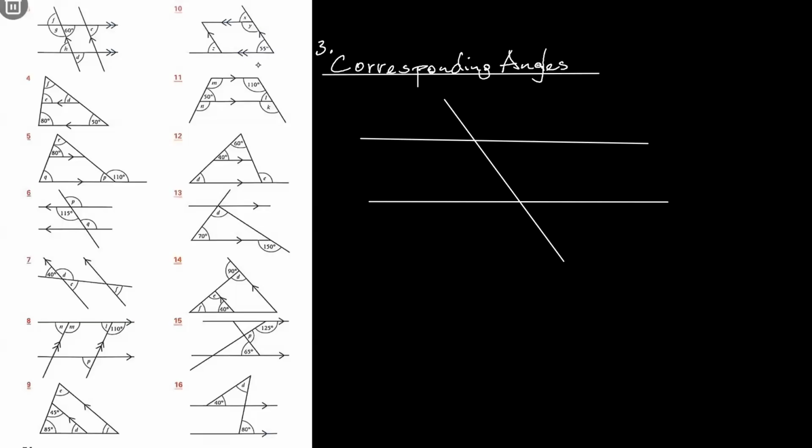If this angle here is 25 degrees, notice this line and this line are parallel. Where is the other parallel line? Is it here, here, here, or here? Where is the corresponding 25?